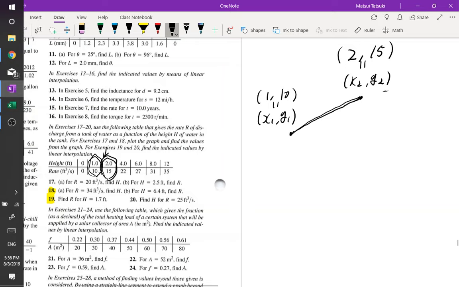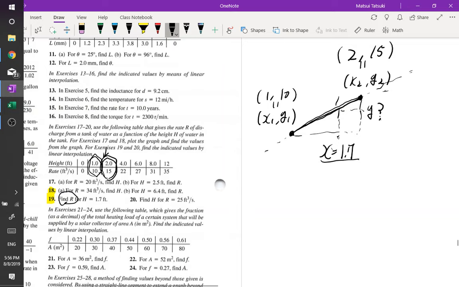We assume that the curve between these 2 points is a linear function, a straight line. So what is the y coordinate when x is 1.7? That's what the question is asking. Find r when x is 1.7.